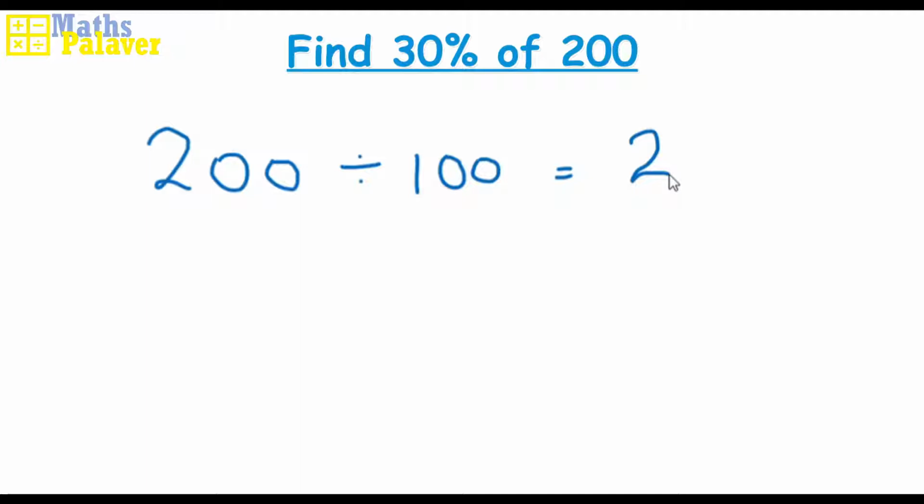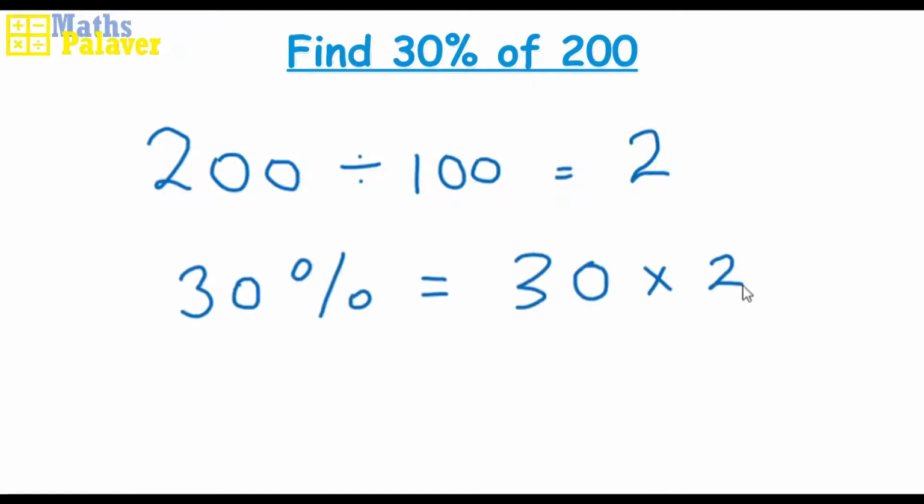So if one part is 2, then 30 parts is 30 times 2, and that is 60. 30% of 200 is 60.